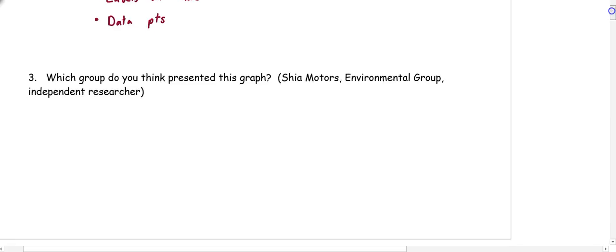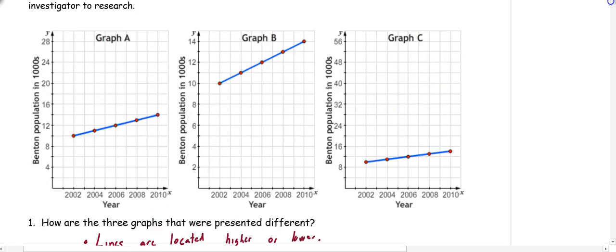So we would say that the city council is graph B because they're trying to show the biggest population. The environmental group is trying to show that jobs would not help here and that it's going to just hurt the population.